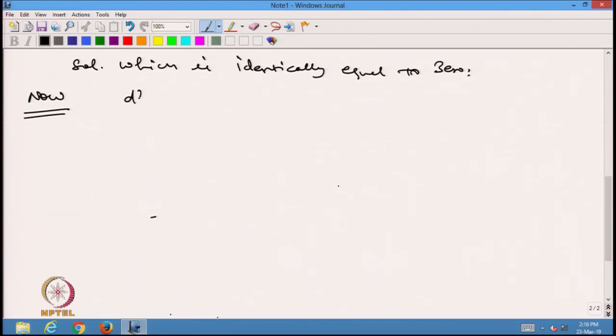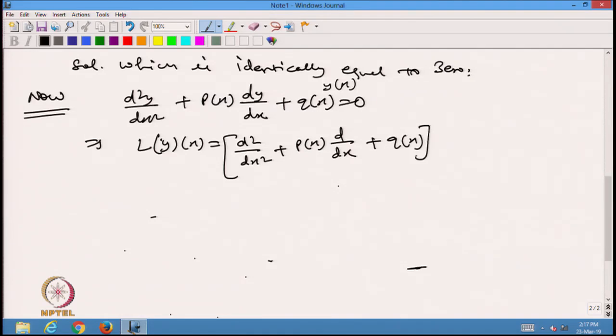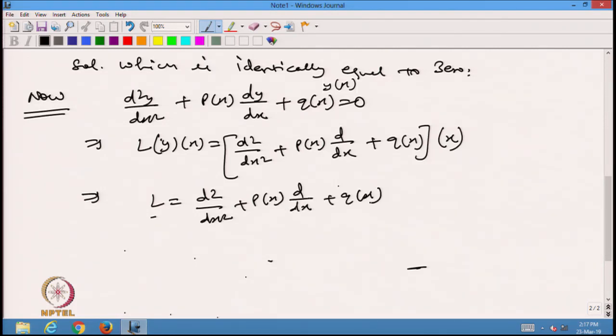The equation which we have written, d square y over dx square plus p(x) dy by dx plus q(x) y(x) equal to 0, I can write by defining an operator L acting on y(x). So we define L is equal to d square over dx square plus p(x) d over dx plus q(x).